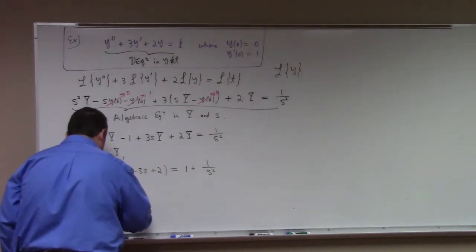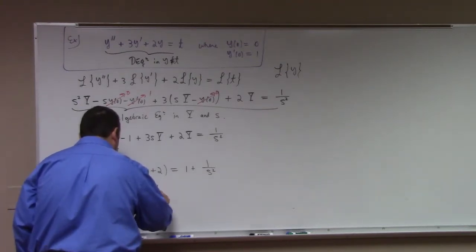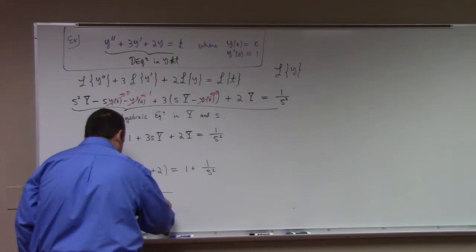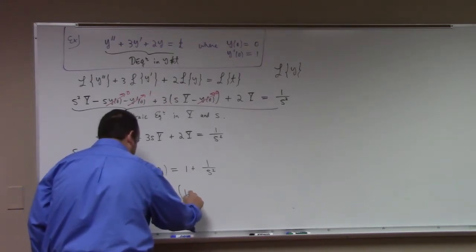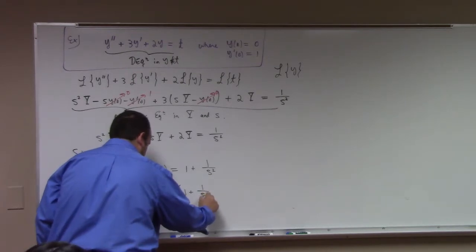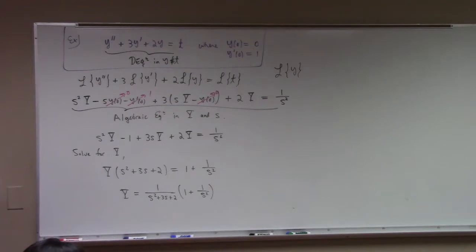You got big Y equals 1 over s squared plus 3s plus 2 times 1 plus 1 over s squared. So we've done the algebra, we've done the math. Now we need to go back to the time domain.